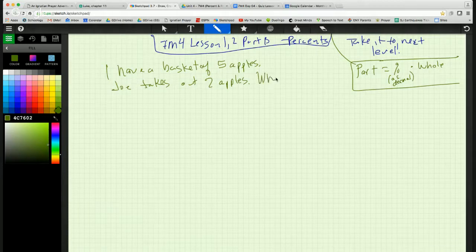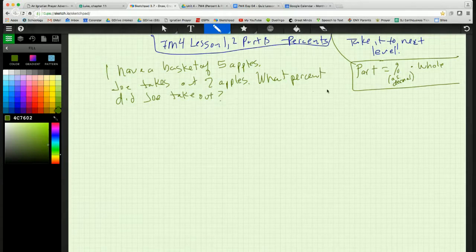What percent did Joe take out? Now, this one, you may even be able to do this in your head, but I'm keeping the numbers easy so that we can look at the model and it will work for harder numbers. So don't shortcut this guy. We're going to do it using our part equals percent times whole equation.